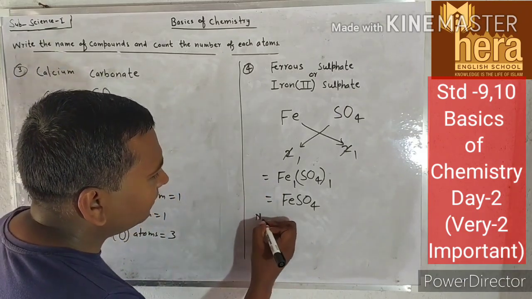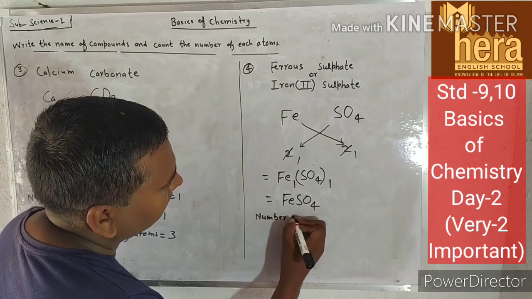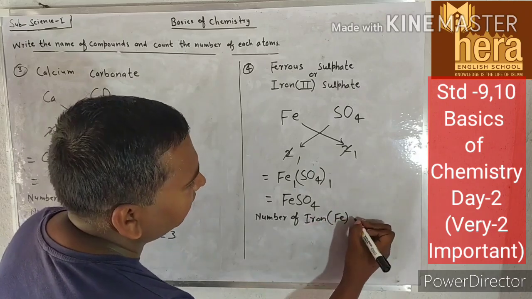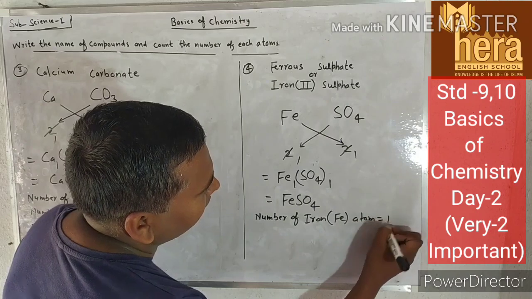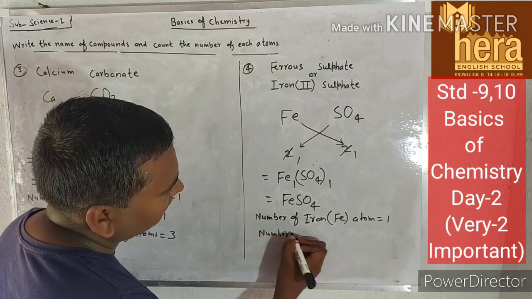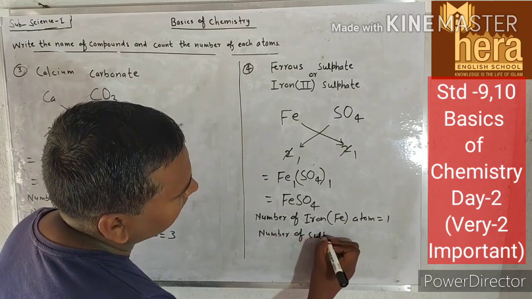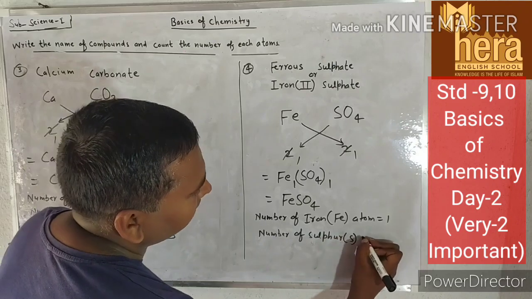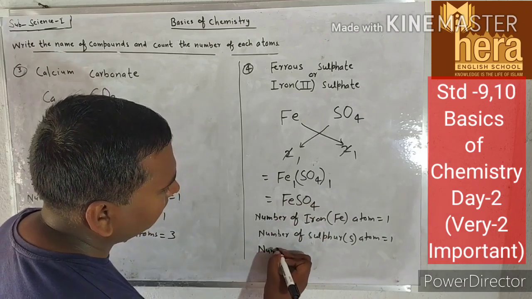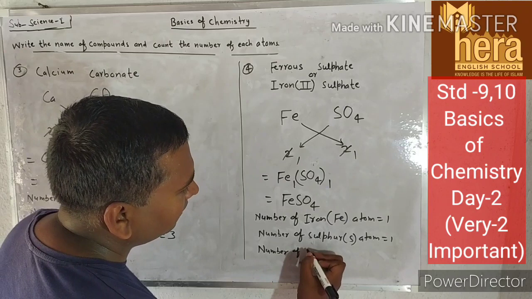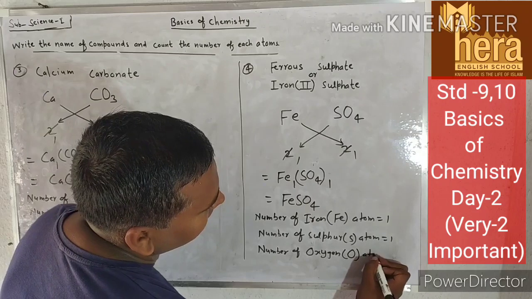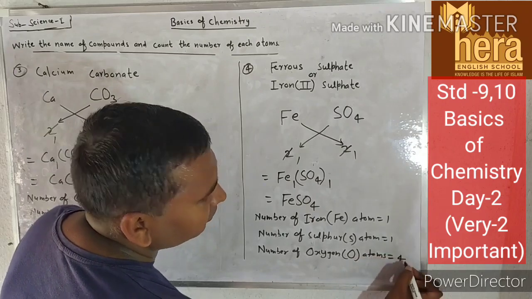So here number of iron, symbol Fe, atom 1, sulfur, number of sulfur atom again 1, number of oxygen atoms will be equal to 4.